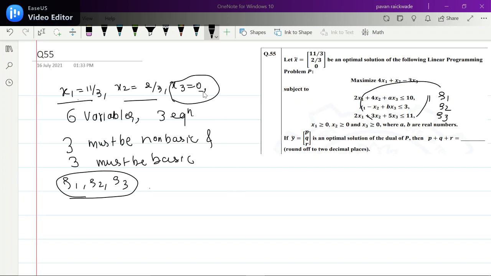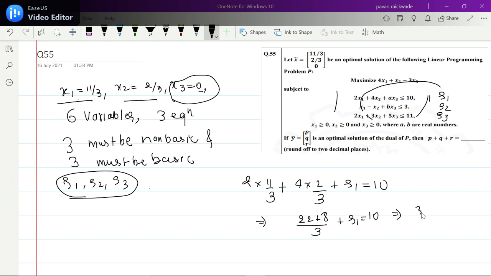If we put the values of x1, x2, x3 in these 3 given equations, considering that there is s1, s2 and s3, and we have converted the inequalities into equations. So in the first equation, it is 2 times 11/3, 4 times 2/3, x3 is 0 and s1 is equal to 10, which implies 22/3 plus 8/3 plus s1 equals 10, which implies 30/3, which is 10, plus s1 is 10, which implies s1 equals 0.